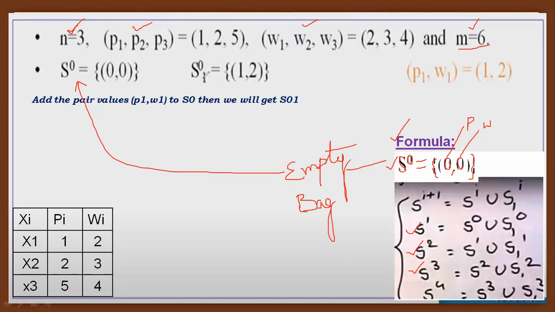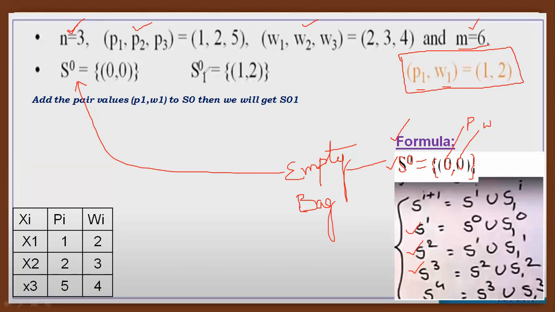That means that you can select the first item. When you select the first item, the profit and the weight of the first item is 1 comma 2. You should select this pair here.